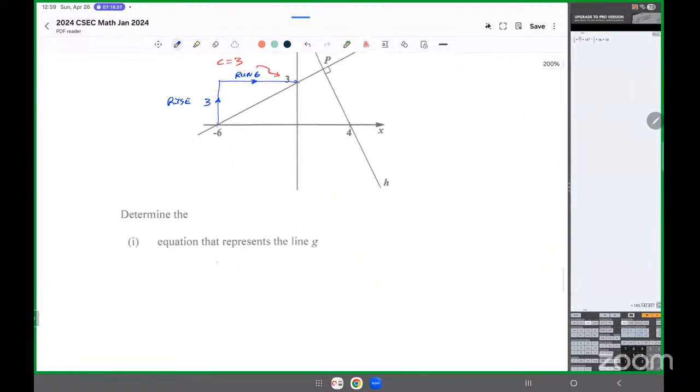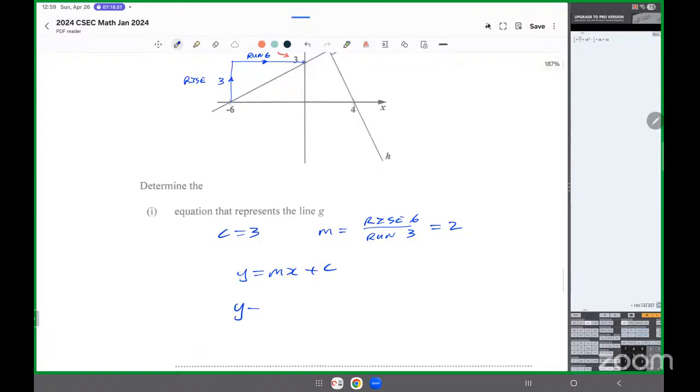So for line G, C is equal to 3, and the gradient is rise 6 over run 3, 6 over 3 is 2. I'm using y equals mx plus c. So y becomes 2x plus 3.